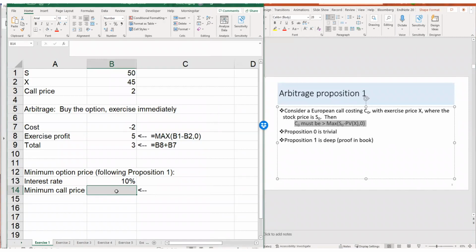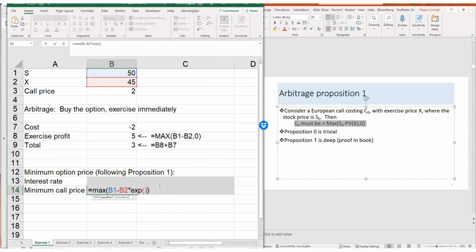So we're going to calculate the max between the current stock price subtracting the present value of X. Now here, if the interest rate 10% is log return, then you need to use X, the exercise price, times EXP of negative R times T. T here is 1 year, so it will be 1.